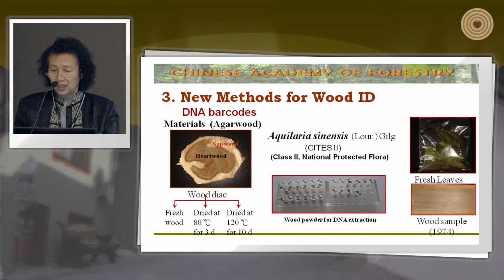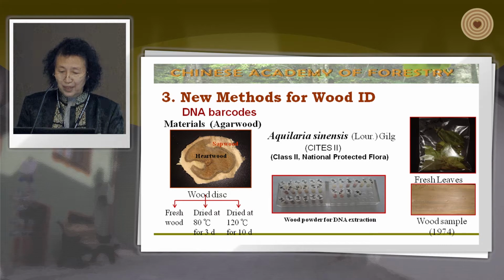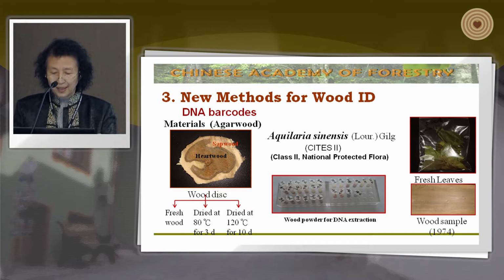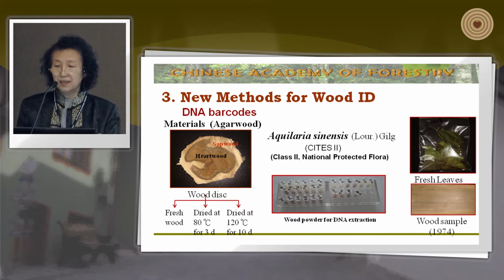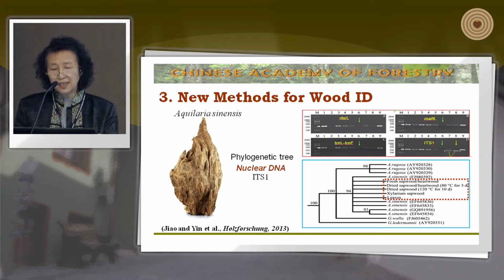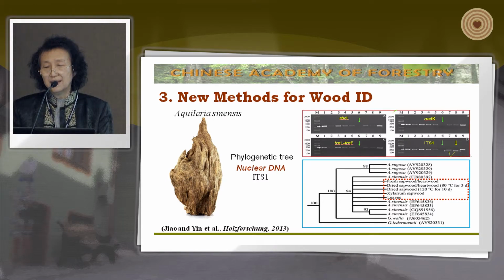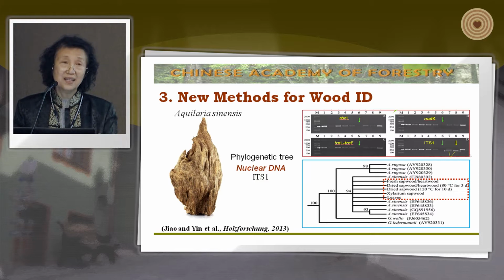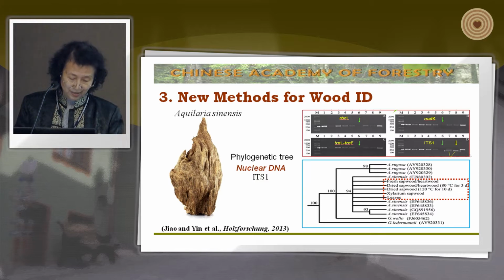So we use fresh and dried wood discs at different temperatures, and also fresh leaves. We make wood powder for the DNA extraction. The results indicate that using nuclear DNA, we can distinguish Aquilaria sinensis from other species in the same genus.